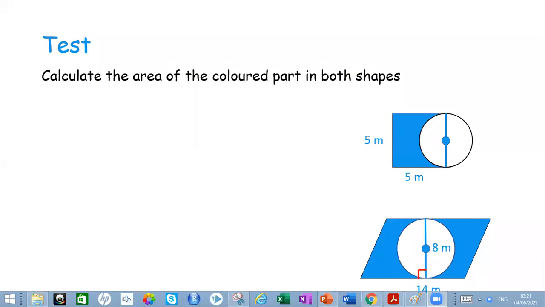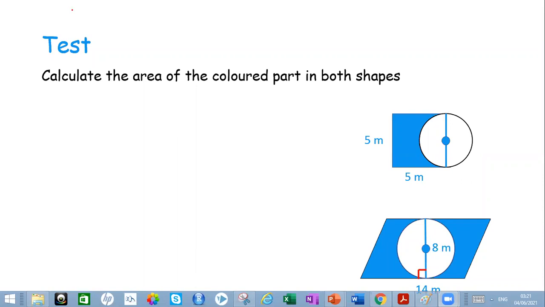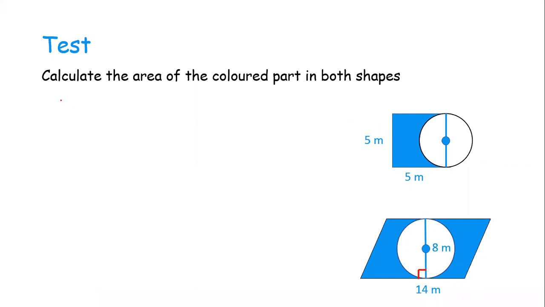So let's calculate the area of the colored part in both shapes we see here. So let's start with the first shape. The area of the blue part is equal to the area of this square we see here, and we know that it's a square since its length is equal to its width and is equal to 5 meters.